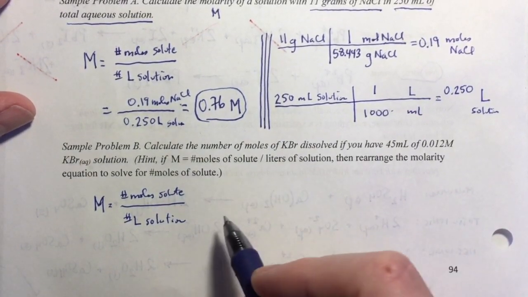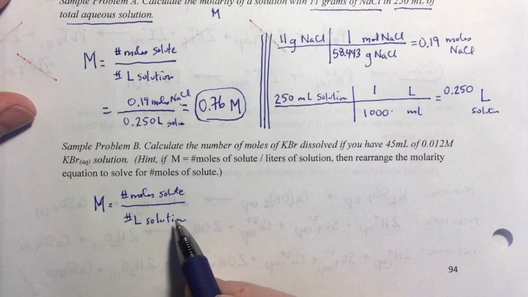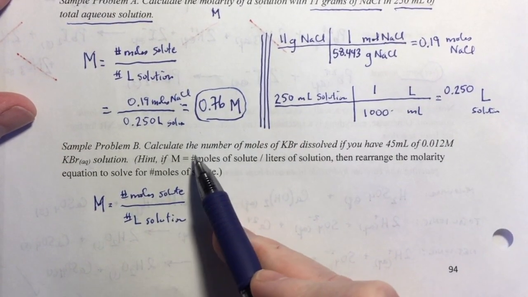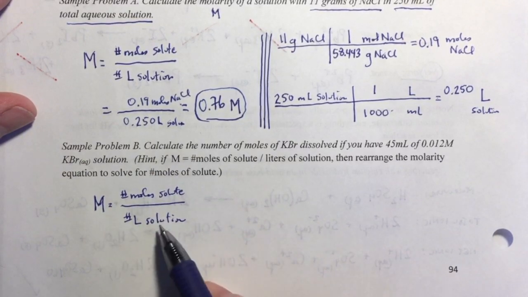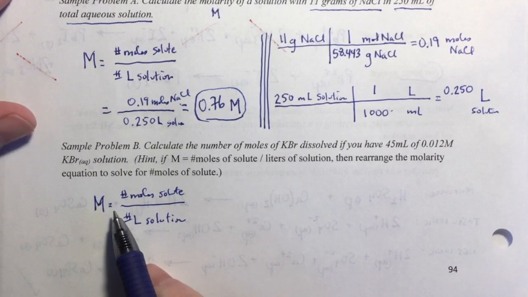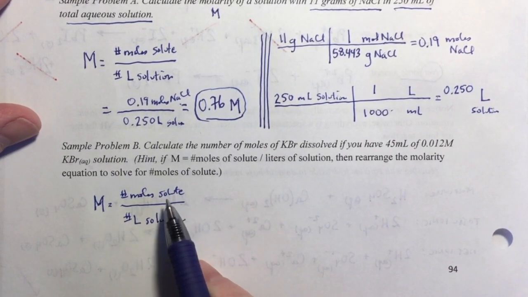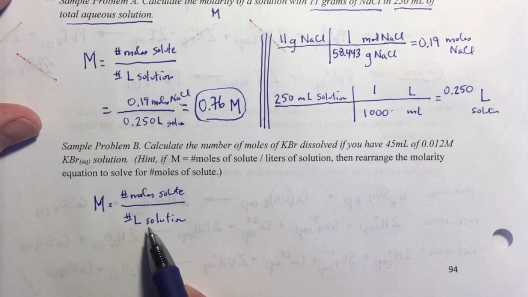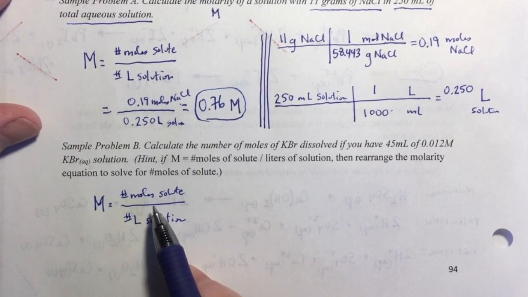All right, coming back from pausing the video, I have my molarity equation here, the general form of the equation. I'm first going to rearrange it algebraically to solve for the number of moles of solute. And since the moles of solute is already in the numerator, all I have to do is multiply both sides by this denominator to get it alone by itself.